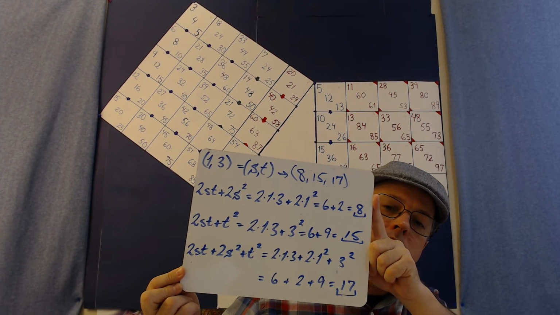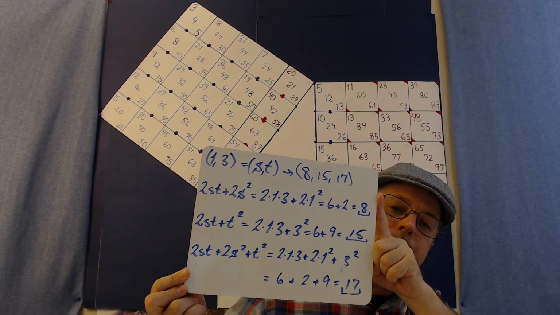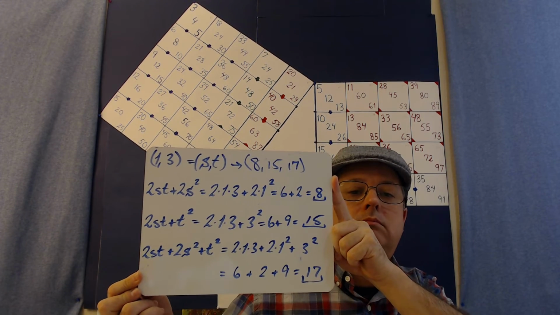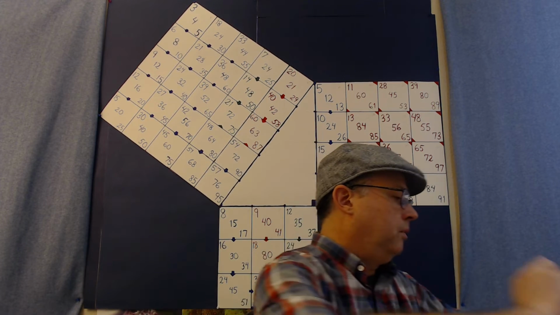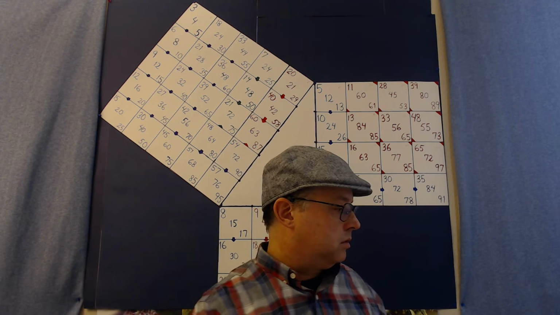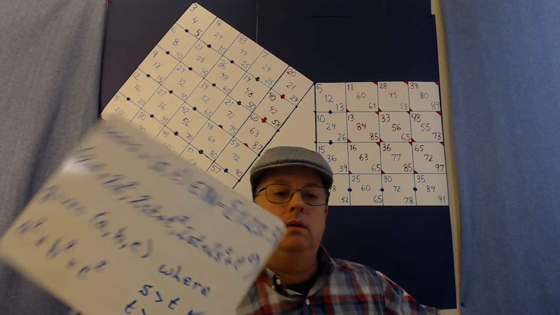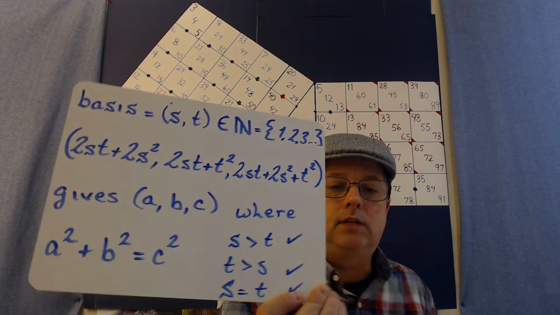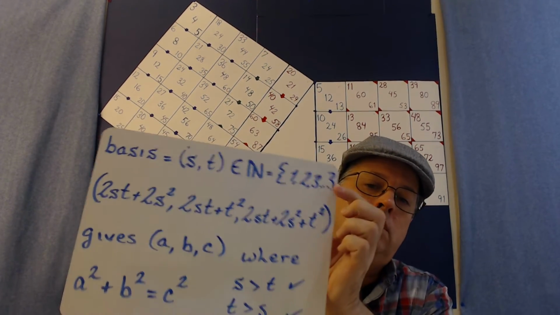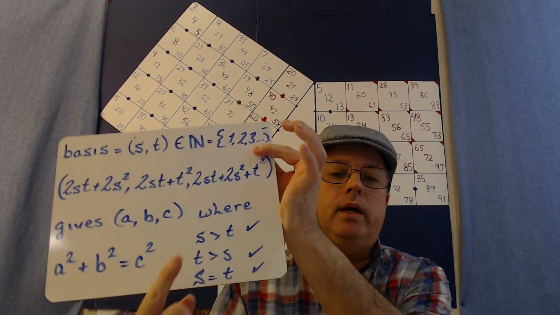And that gave us another primitive Pythagorean triple. So we can have them be equal. We can switch the s and t values. And so that establishes these 3 ideas here.